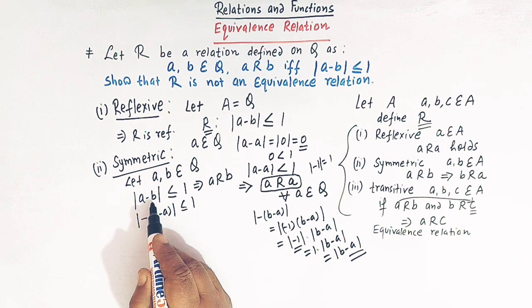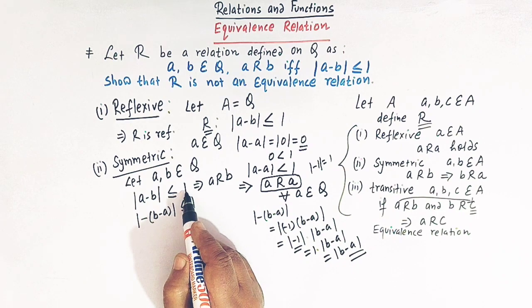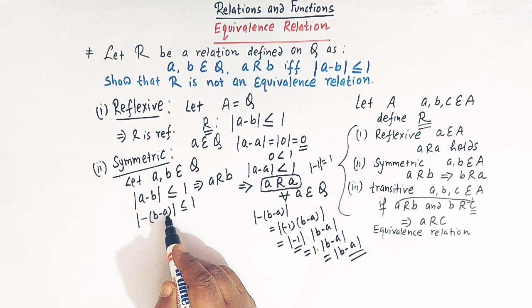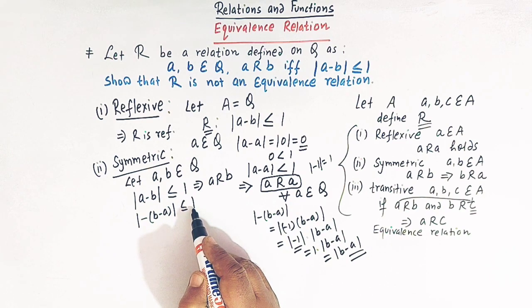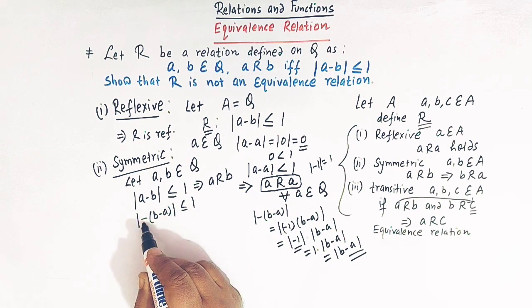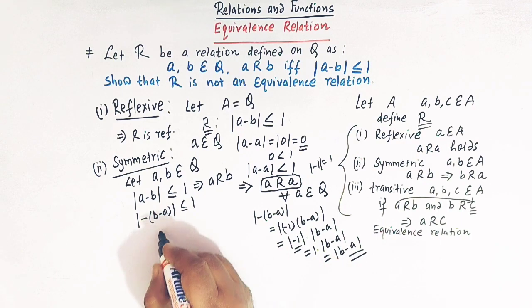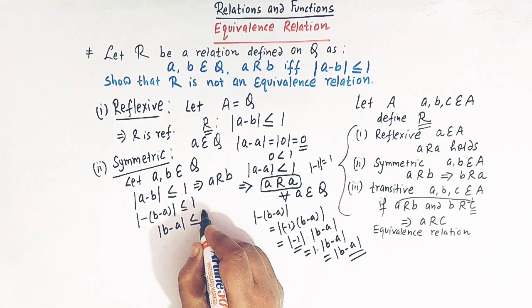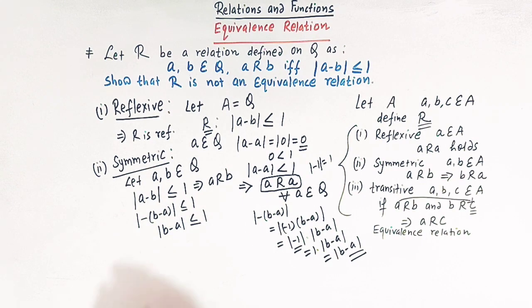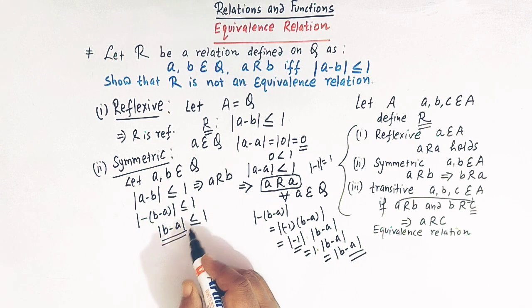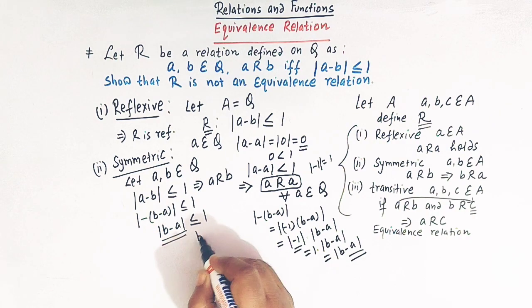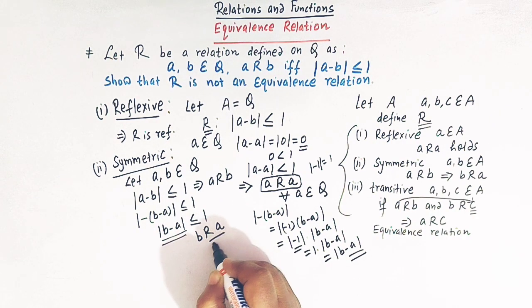So mod of A minus B less than or equal to 1 implies that mod of negative of B minus A is less than or equal to 1, and mod of negative of B minus A is equal to mod of B minus A, that is less than or equal to 1, right? So from this expression we can see that B is related to A, right?